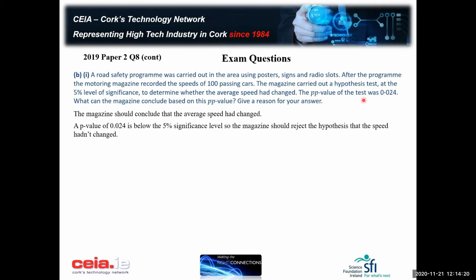Well, a p-value of 0.024 is a lower probability than 5%. And since it's less likely than your threshold, you say, well, that's unlikely to be consistent. So you would reject your null hypothesis. And that means you should conclude that the average speed had changed.